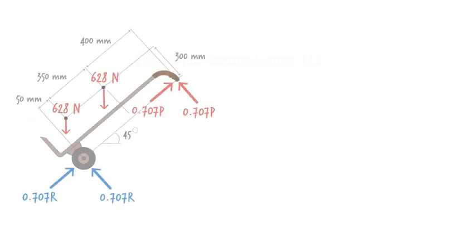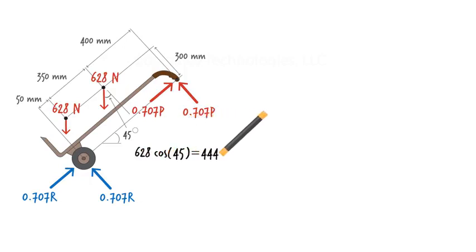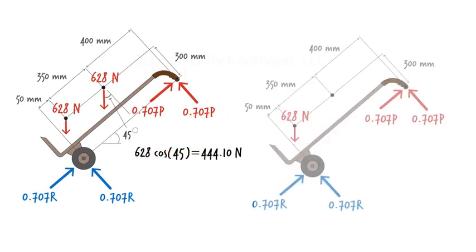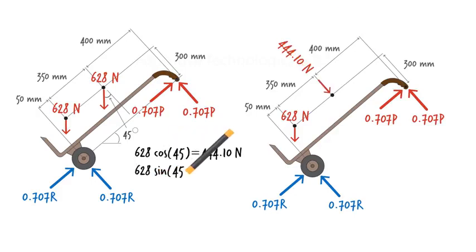We replace R with its x and y components in a similar manner. Note that the two 628 newton forces each make a 45-degree angle with the y-axis, so we can easily determine the x and y components of the force. Replacing both forces with their x and y components, we end up with this free body diagram.